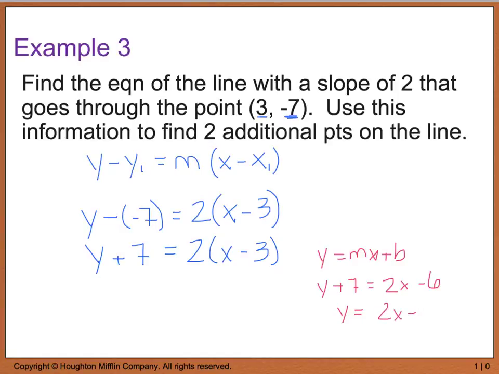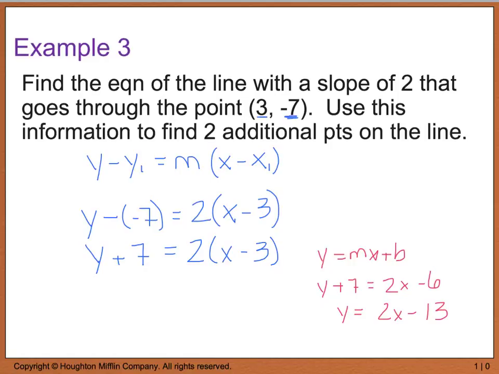So then we'd end up with y equals 2x minus 13. So now you can see that your slope is still 2 right here, and your y-intercept then is a negative 13. But again, this is one of my favorite methods to use right here.